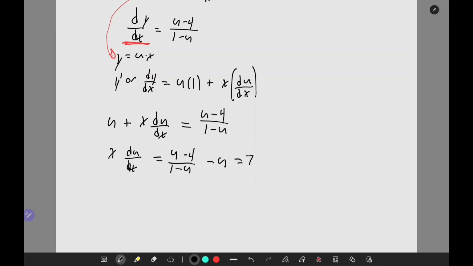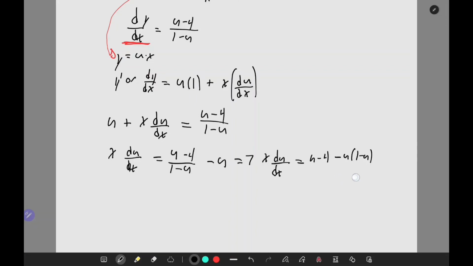So this will become x du/dx is equal to, and to simplify this, we're going to do u minus 4 minus u times (1 minus u), over 1 minus u. That's how we can get a common denominator for the u. We multiply it by 1 minus u, and that'll leave us with this.